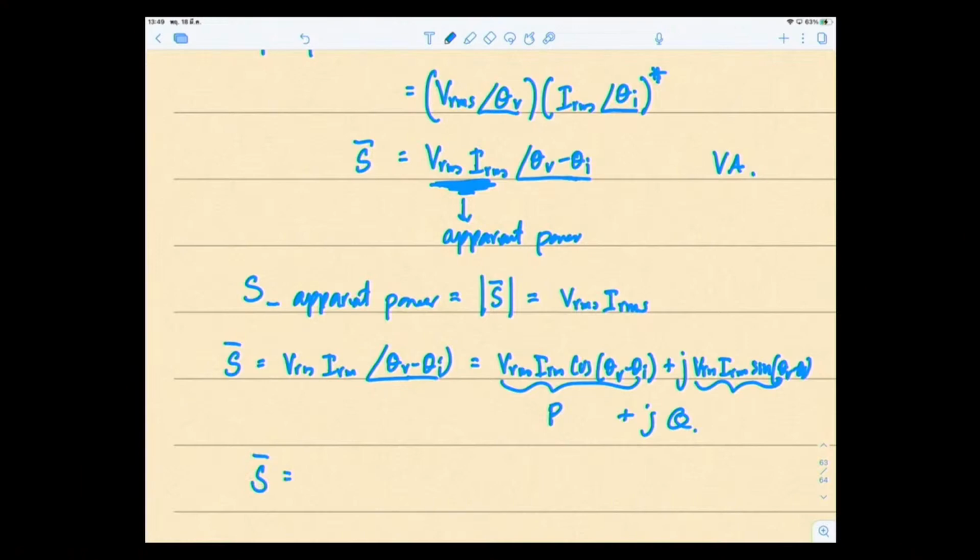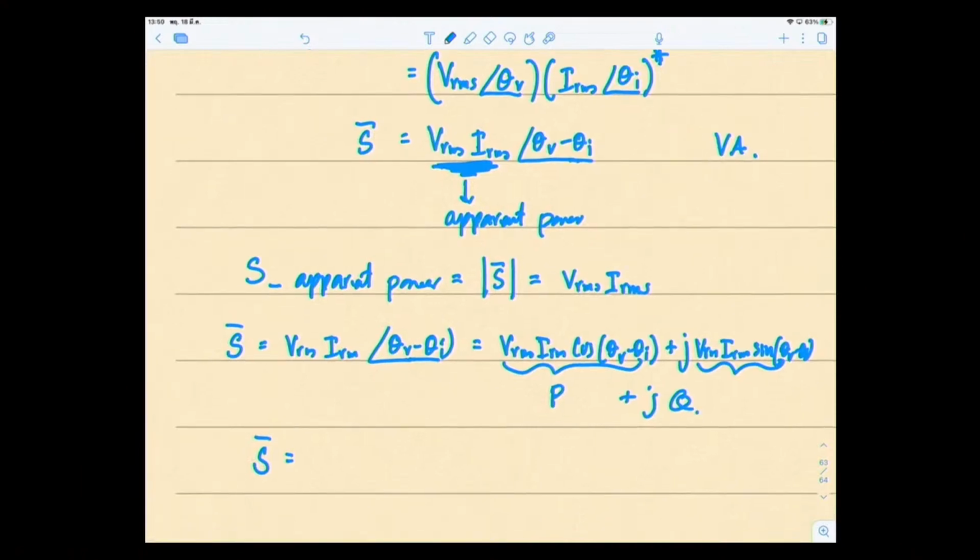That's why we can also write the complex power as P plus jQ. The unit is var, and the unit for the apparent power is VA.